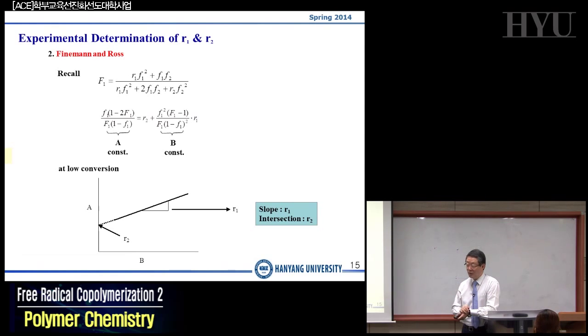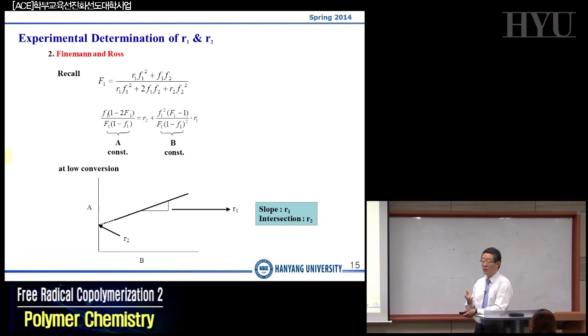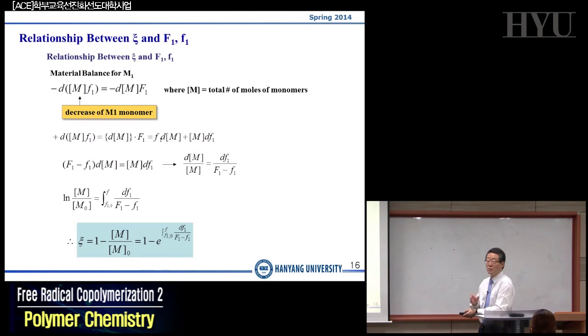So you do not need to measure, but what I have emphasized was that this is the way of measuring R1 and R2. But in the textbook, even in the table, the R1 and R2 have already been given. So we will see later on what about the R1 and R2 values.